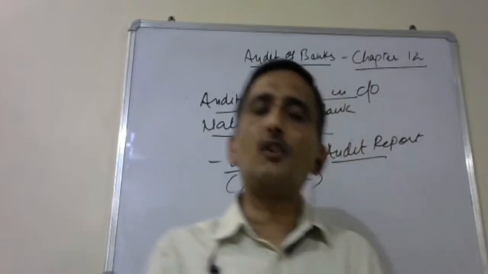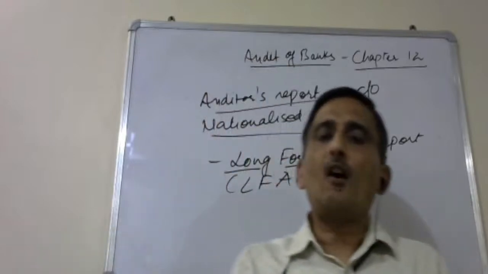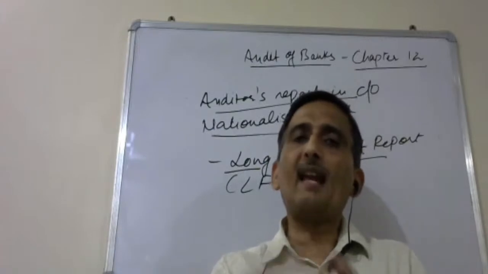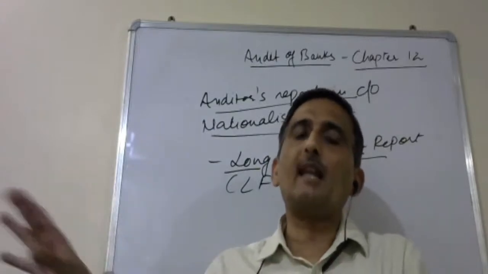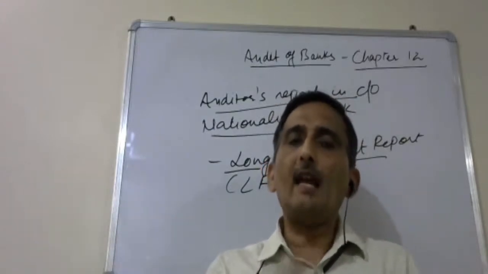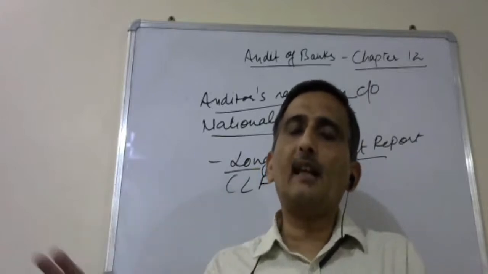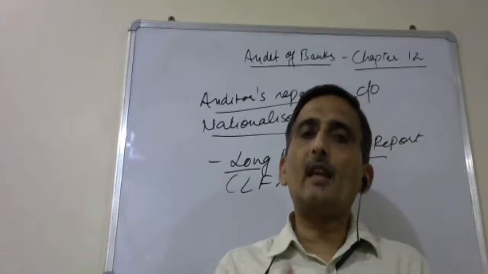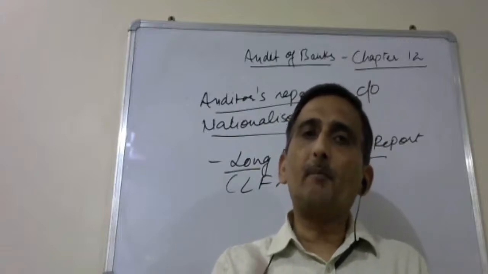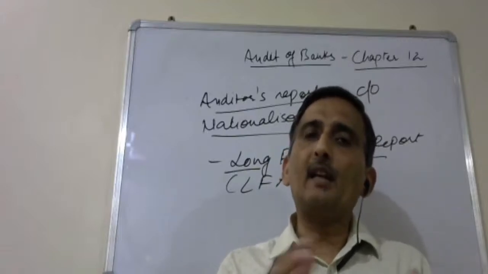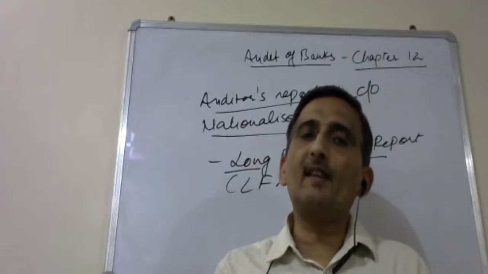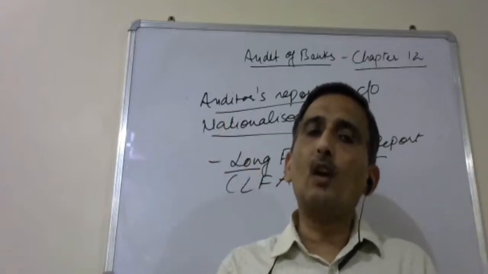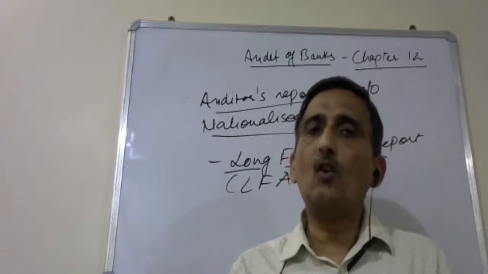Statutory liquidity ratio is a percentage of deposits which the bank has to keep in securities, broadly. So the auditor has to report whether statutory liquidity ratio has been complied with by the bank as a whole on different dates.